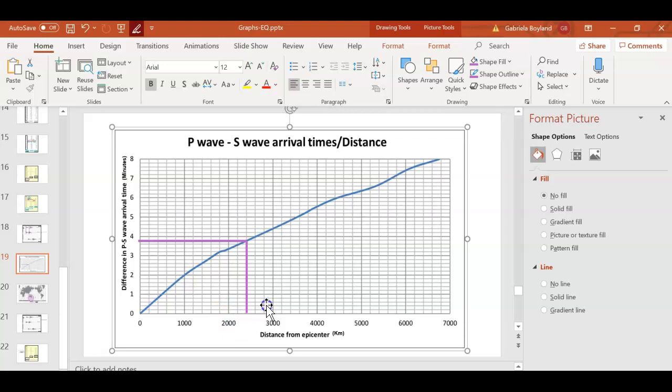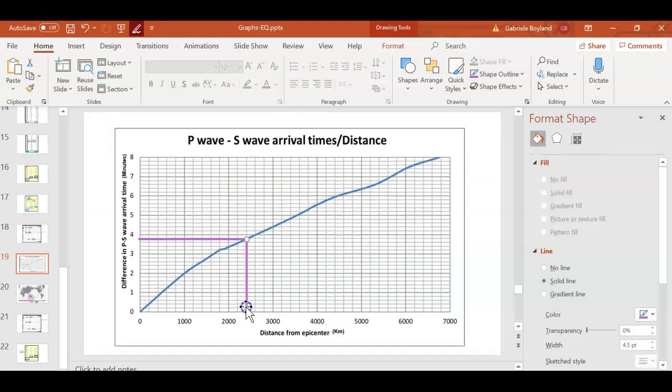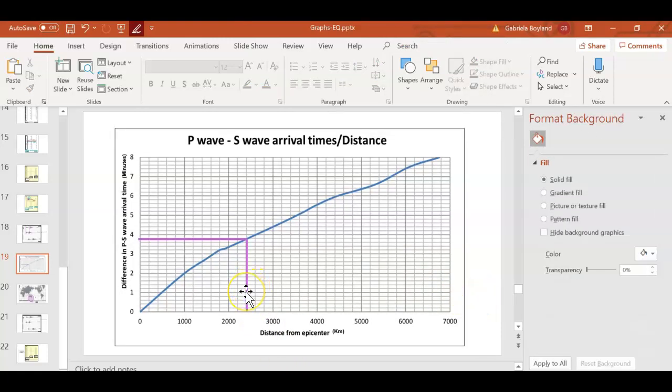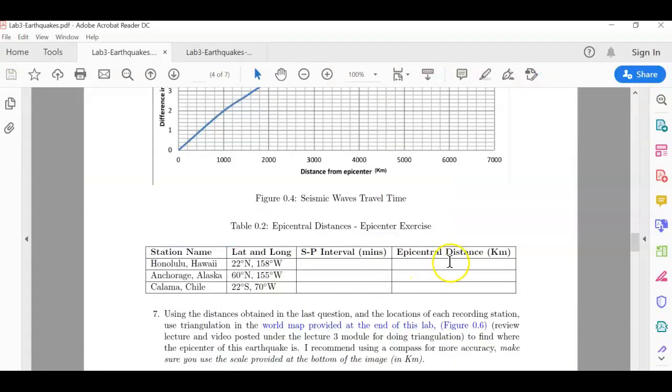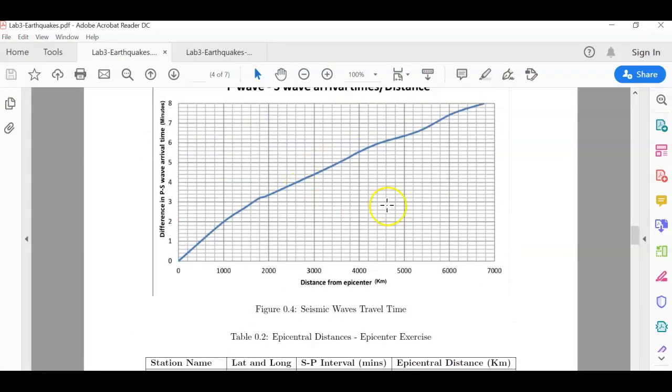So each of these increments is 200 kilometers: 2,000, 2,200, 2,400. So the distance from the epicenter of the earthquake to Hawaii is going to be 2,400 kilometers. That's what you're going to record in your table right here, 2,400 kilometers, again using that SP graph.